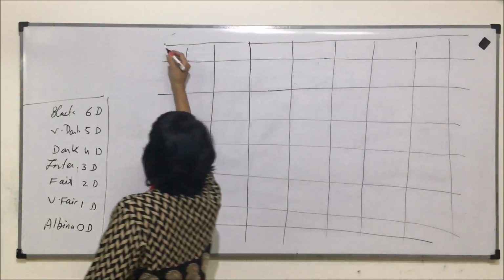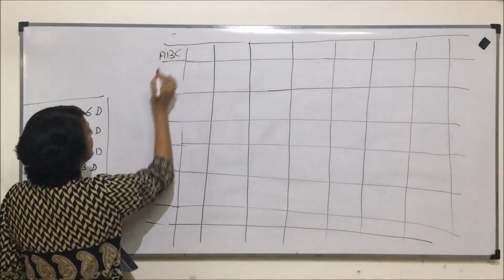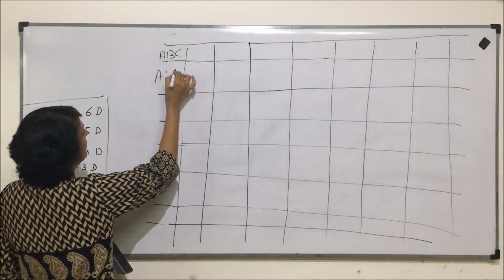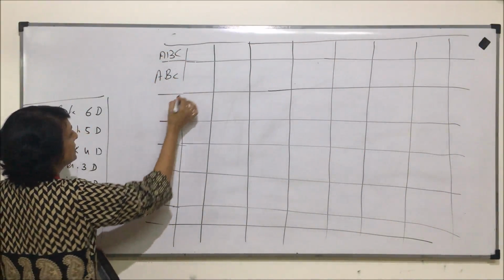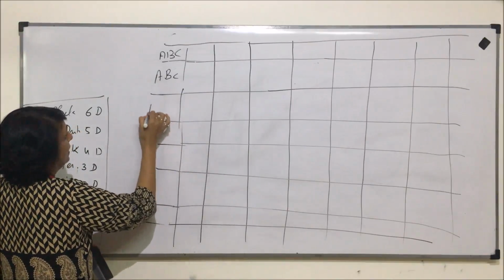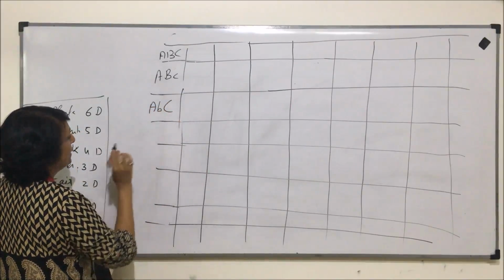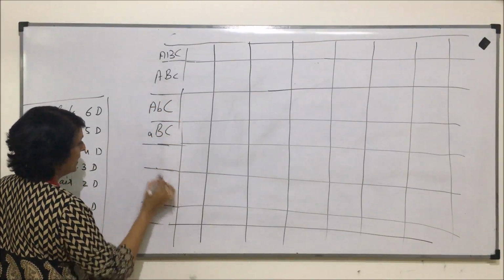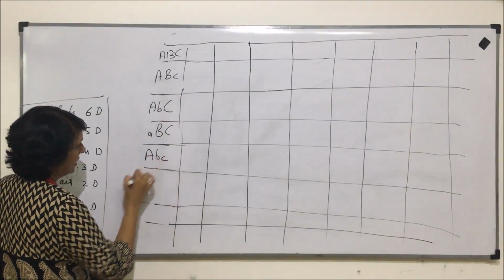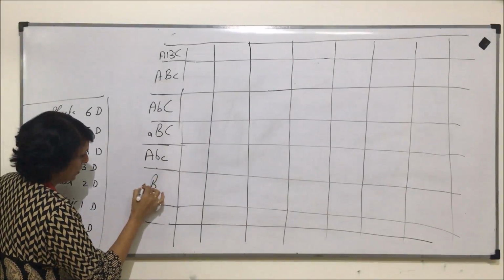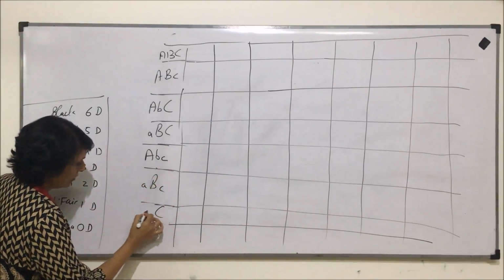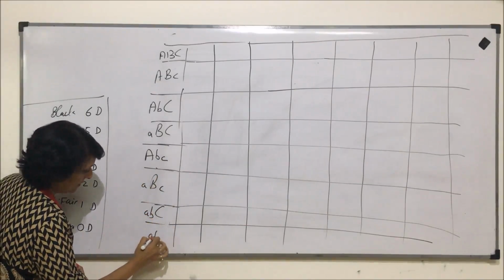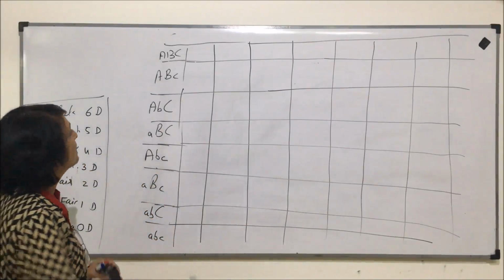So let us write from here. A, B, C dominant, A dominant, B dominant, C is recessive. A, C dominant, B recessive, B, C dominant, A recessive, and then A, the next two recessive, B dominant, A and C recessive, C dominant, A and B recessive, and here we have all recessive.